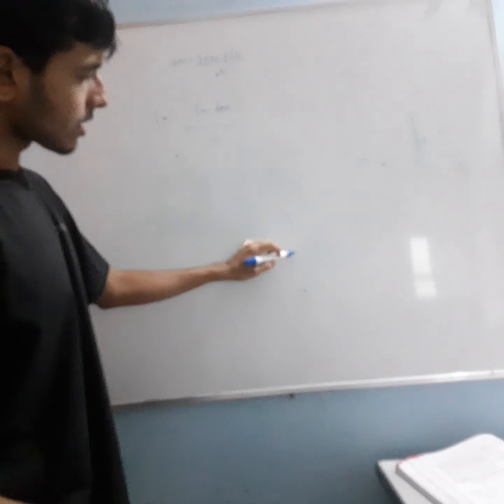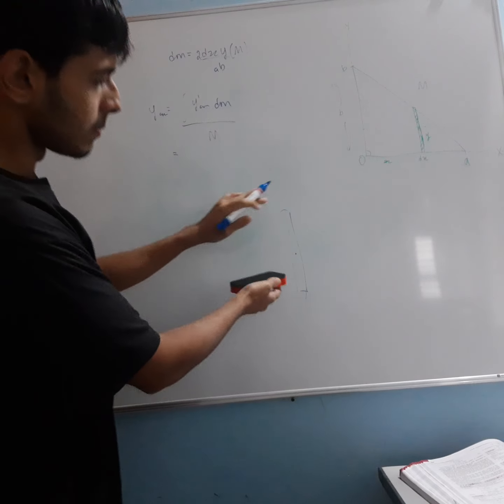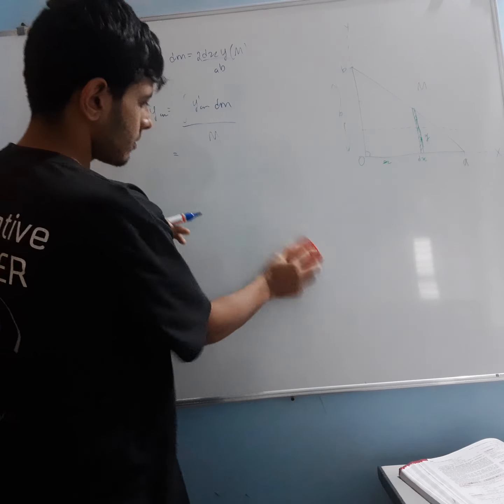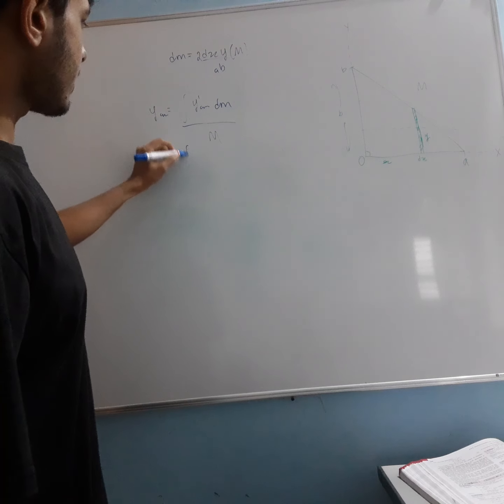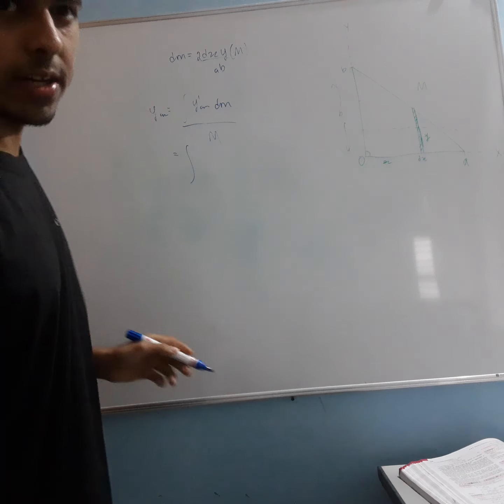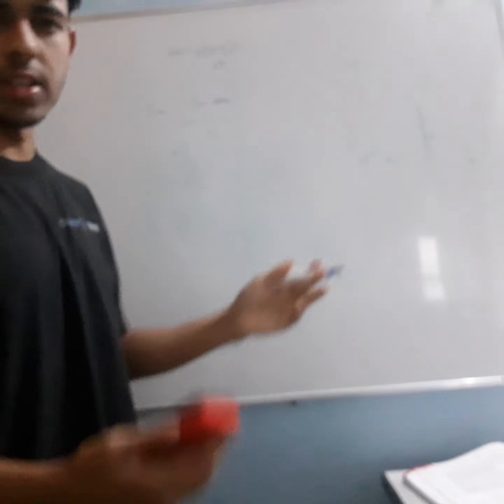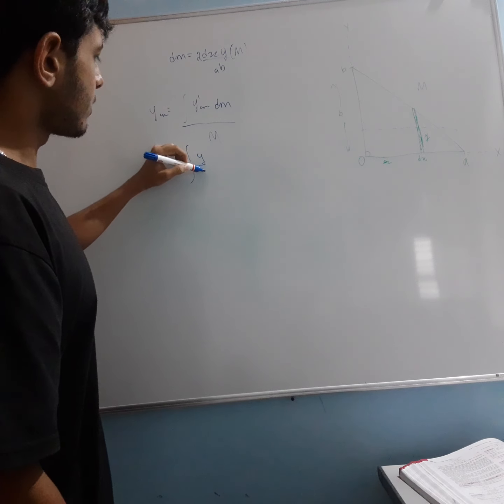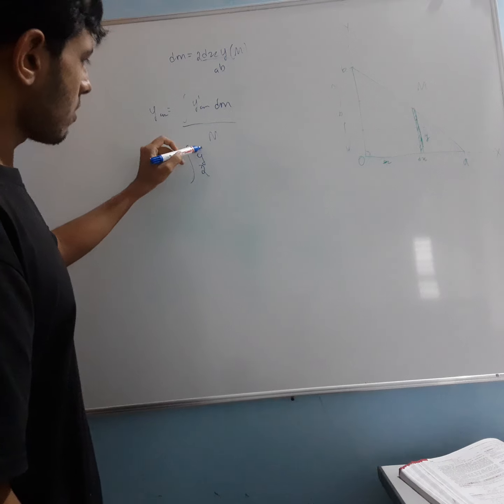The center of mass is going to lie in the middle of the length. So similarly, we can say that the center of mass of the elementary rectangle is just going to lie at a distance of y by 2.